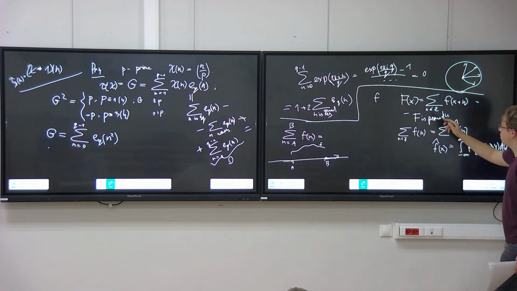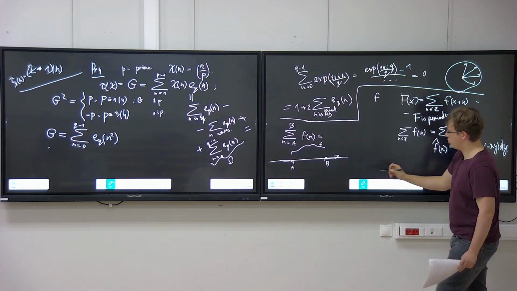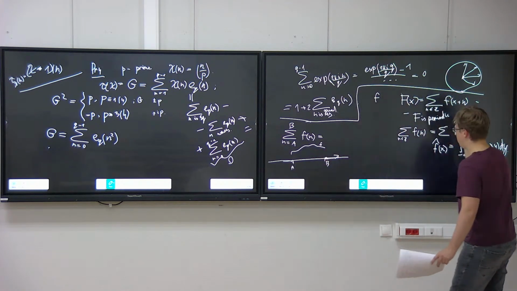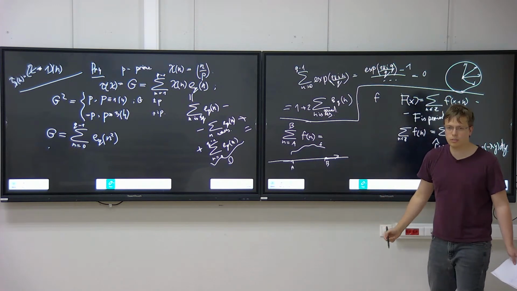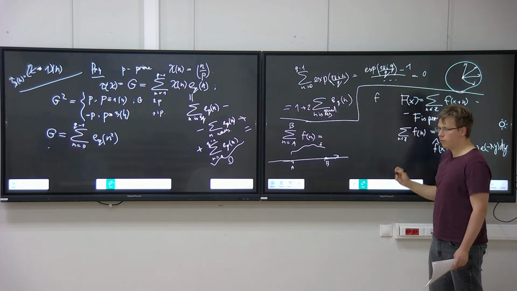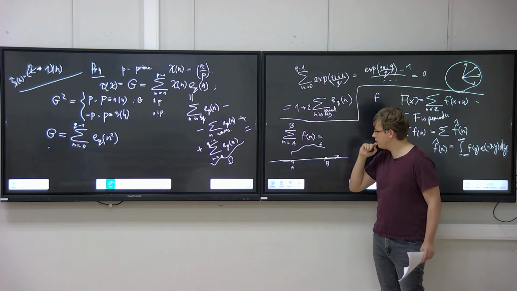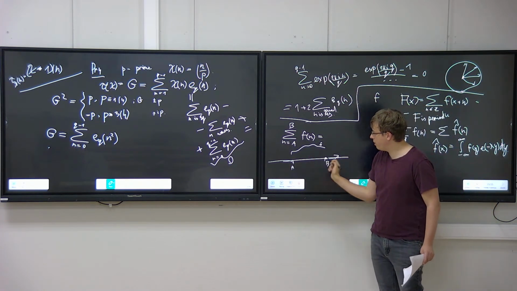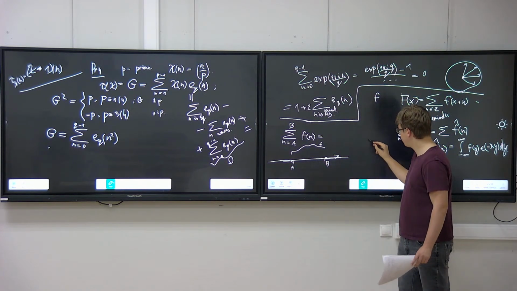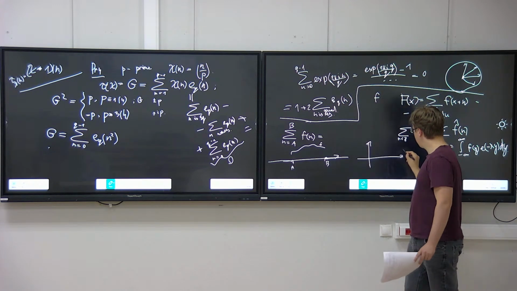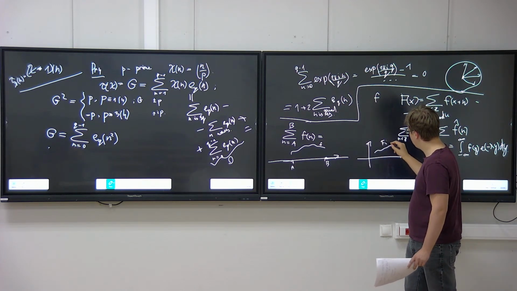And what will big F be? We assume small f is continuous, yes? Big F will be continuous everywhere except what? If a and b are integers, at b plus.